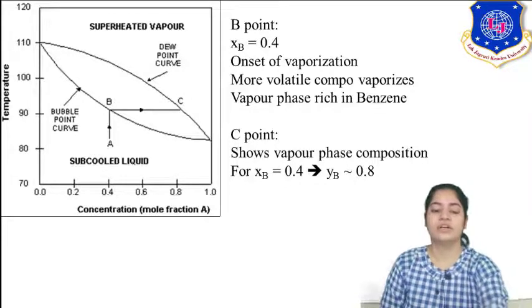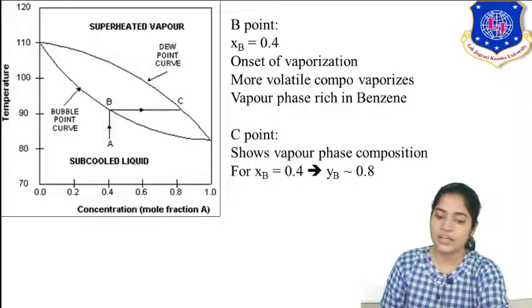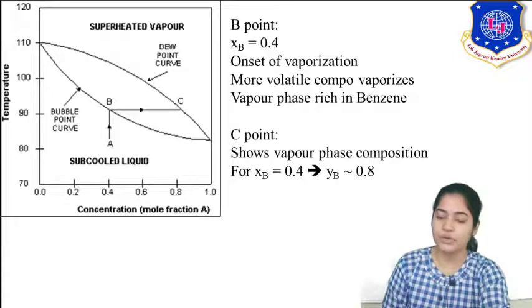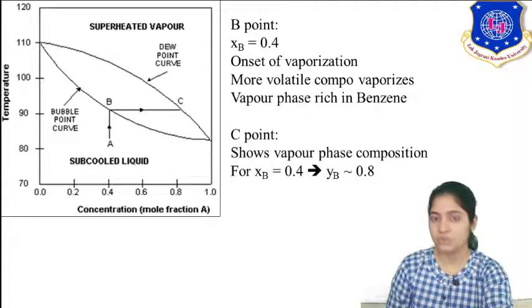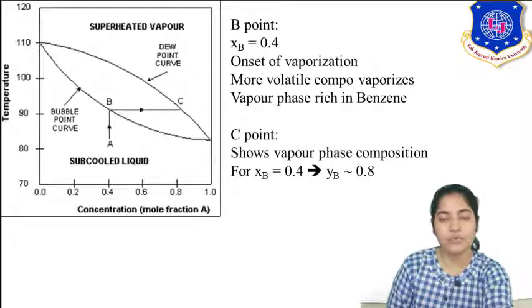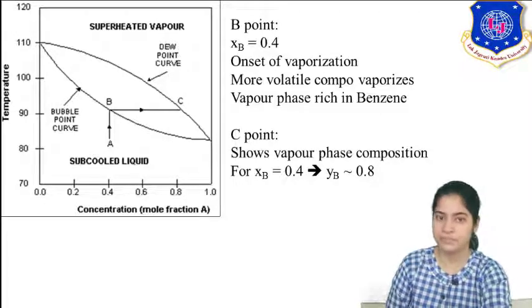Now continuing the line, at C point you can see it shows the vapor phase composition of benzene. Because my benzene is more volatile, it will vaporize first, and the equilibrium concentration in vapor phase of benzene is given by C point.